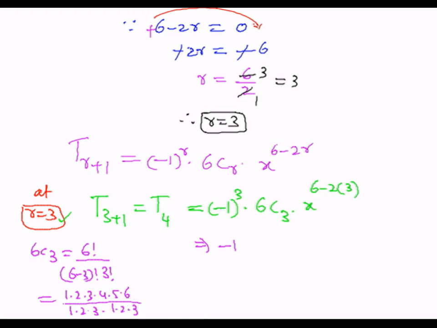By cancellation, 1 into 2 into 3 and 1 into 2 into 3 get cancelled, then 2 threes are 6 and 1 six get cancelled, then 4 fives are 20 divided by 1, so 20 by 1 is 20. So in this manner I got the 6C3 value as 20.